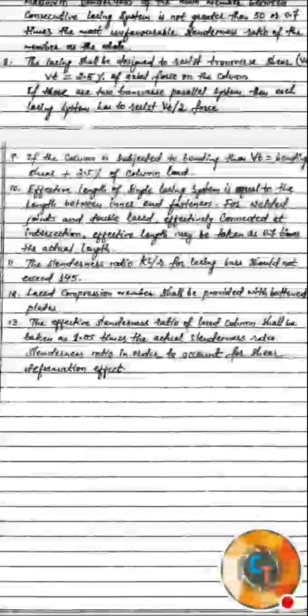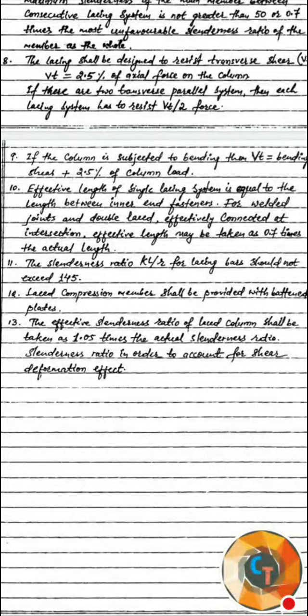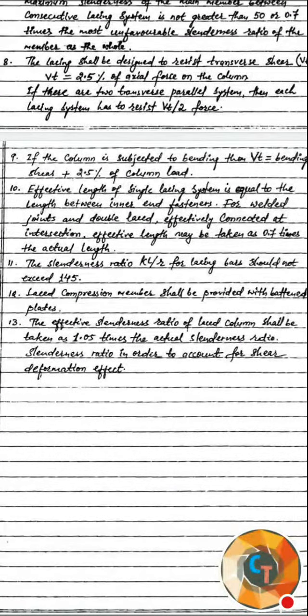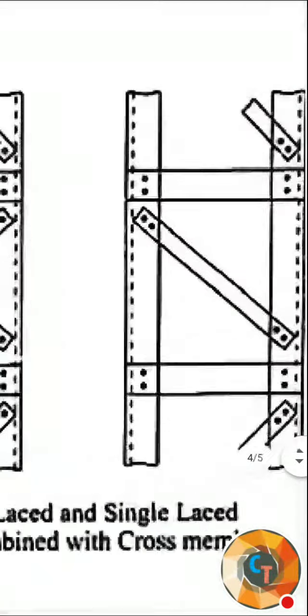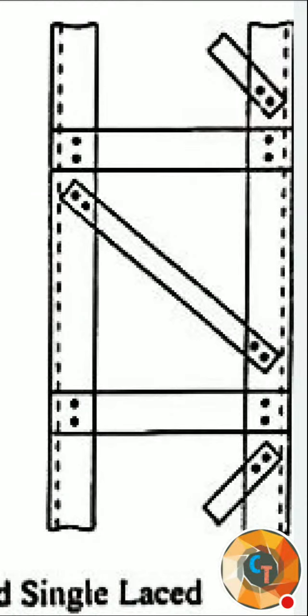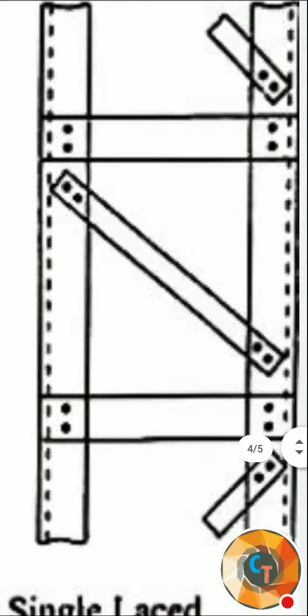The 10th point is about that only. The effective length of a single lacing system is equal to the length between inner end fasteners. It acts as either a tension or compression member, and we will discuss that while solving. Whenever you design a member you must know the effective length. So from inner bolt to inner bolt will be the effective length of this lacing bar.